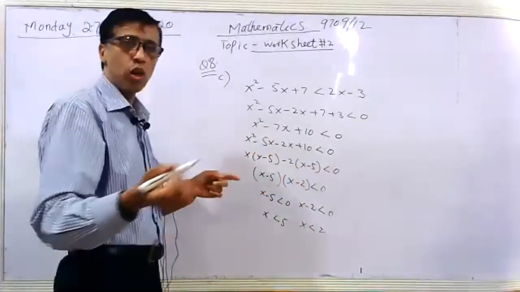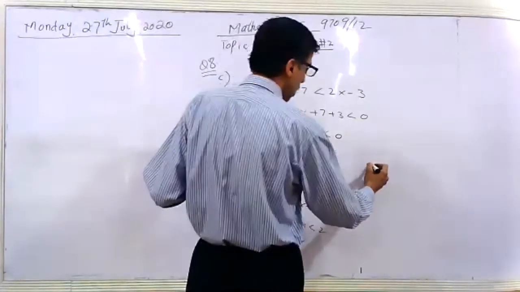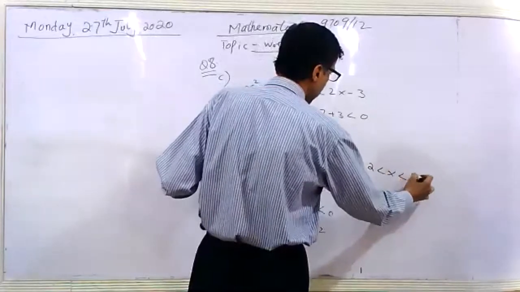What I have told you, you have the final answer: 2 less than x less than 5.